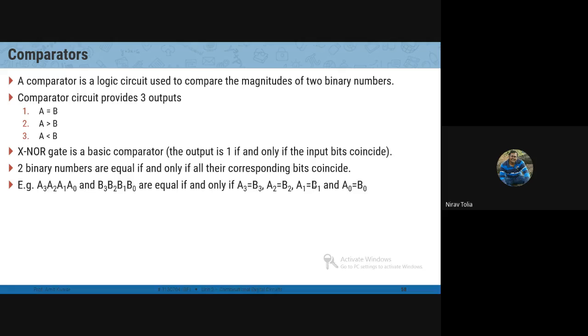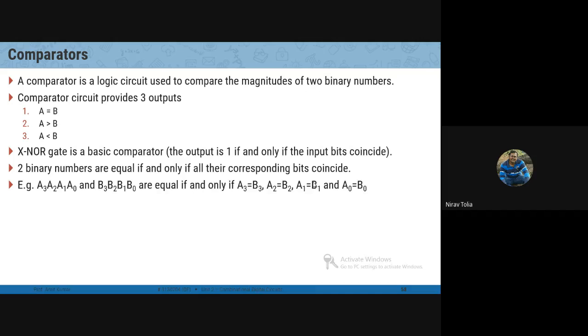So we can say A is equal to B when all their corresponding bits coincide with each other, or you can say they are same.